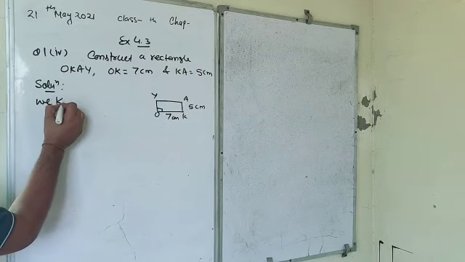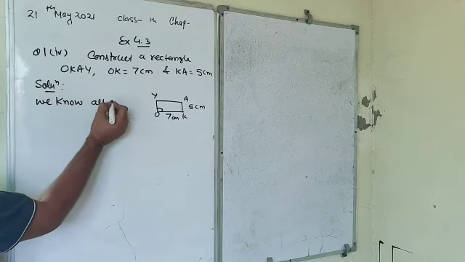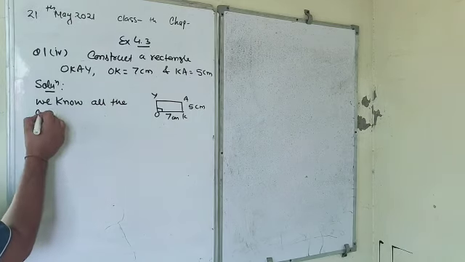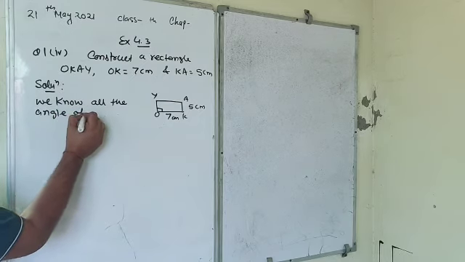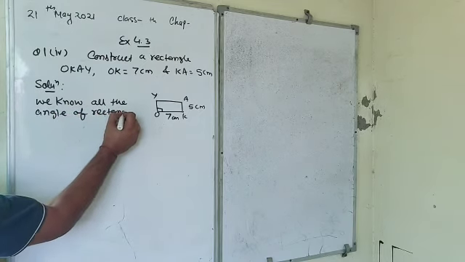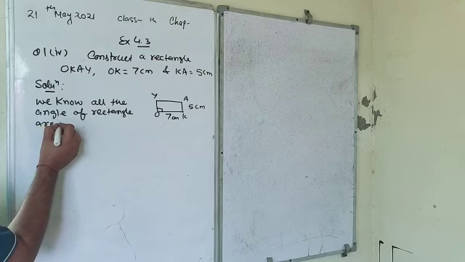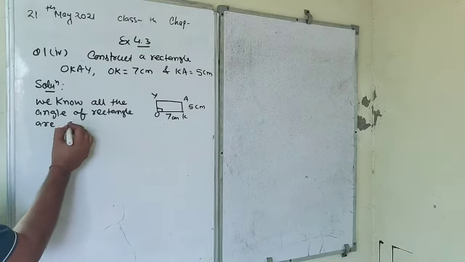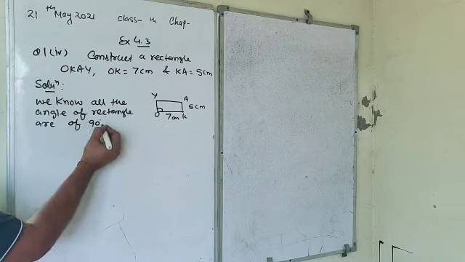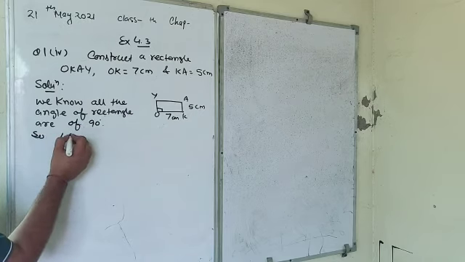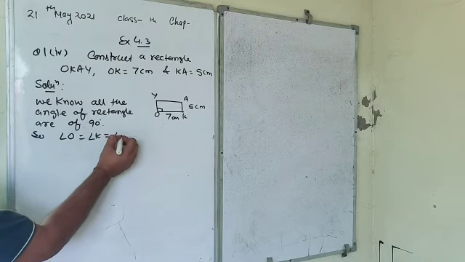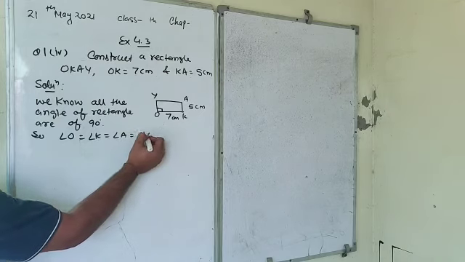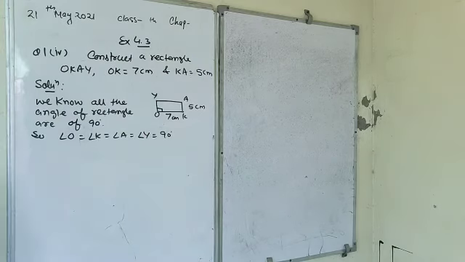We know all the angles of rectangle are of 90 degree. So angle O is equal to angle K is equal to angle A is equal to angle Y is equal to 90 degree. Okay. Now let us construct this rectangle.